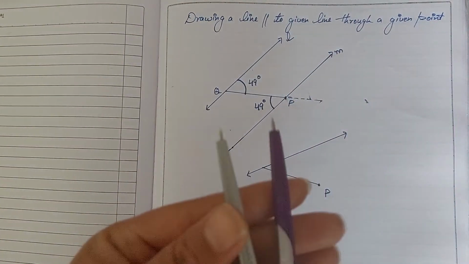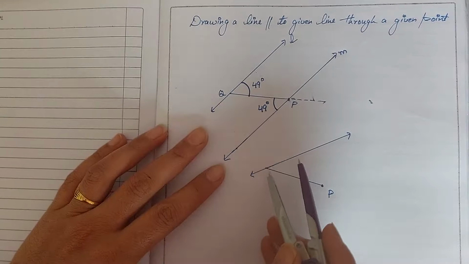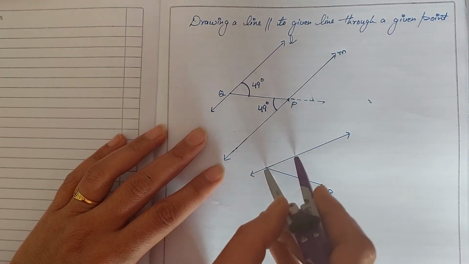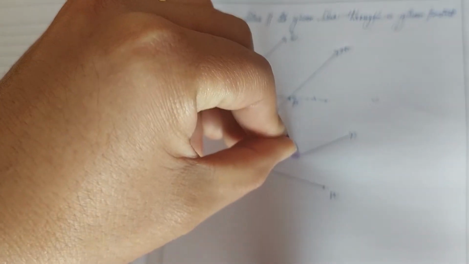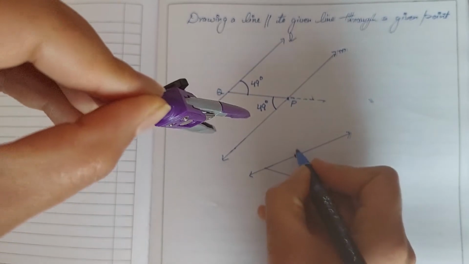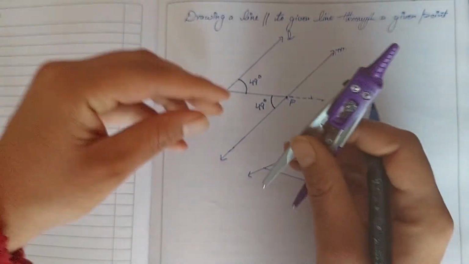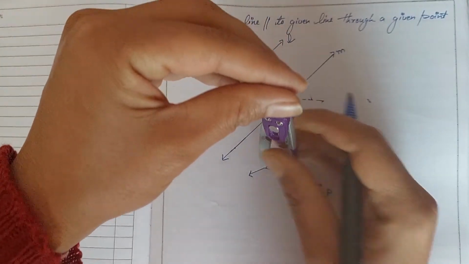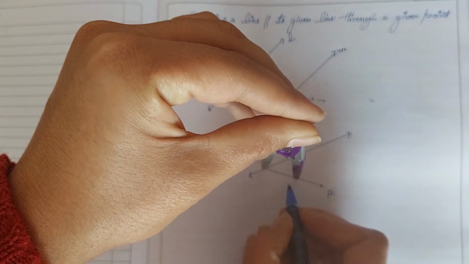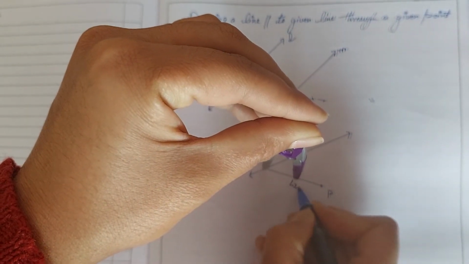I've fixed it up. This is the divider in your compass box. Let's mark this point as L, and on this arm also, this is L1 and this is L2.